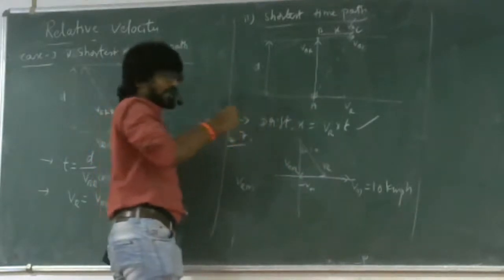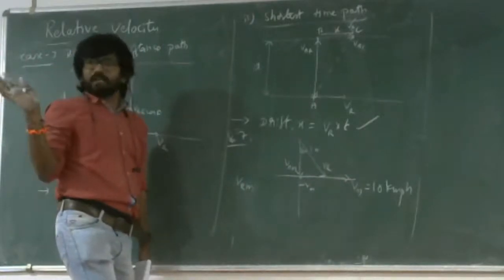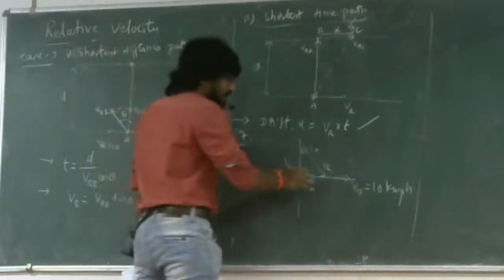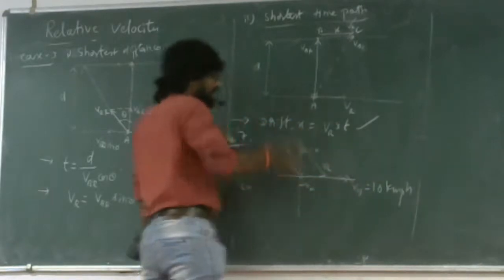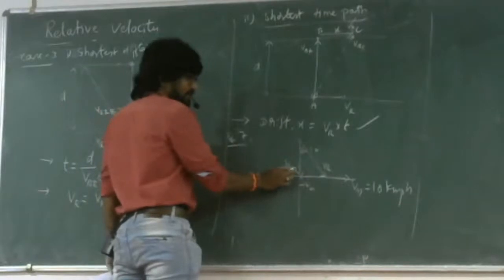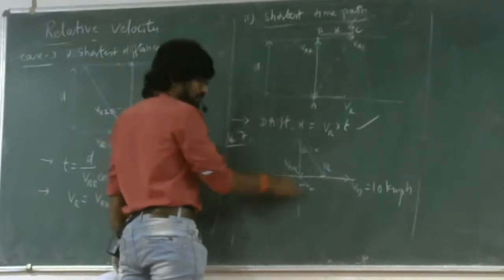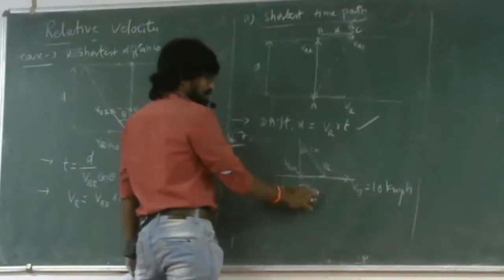Now when he is standing and holding it at 30 degrees, he is rid of the rain. Now he has thrown the umbrella and is moving with this speed. Now he feels like rain is falling vertically down. That means the relative velocity of rain with respect to man is vertically down. For this to happen, exactly this will be meeting here, reverse velocity minus Vm.